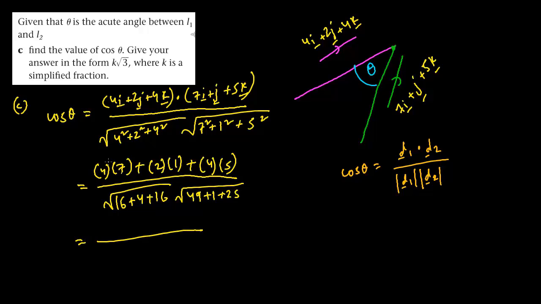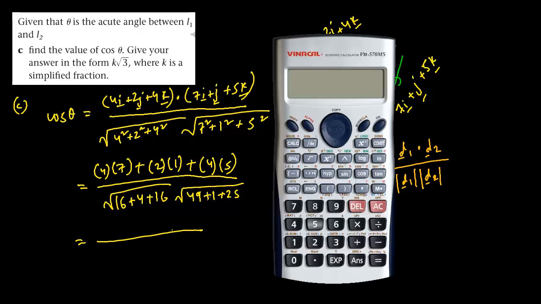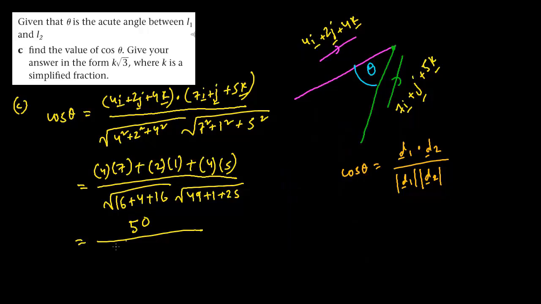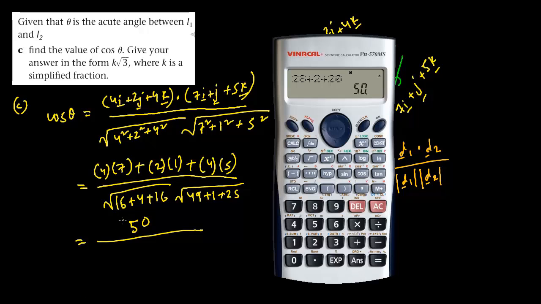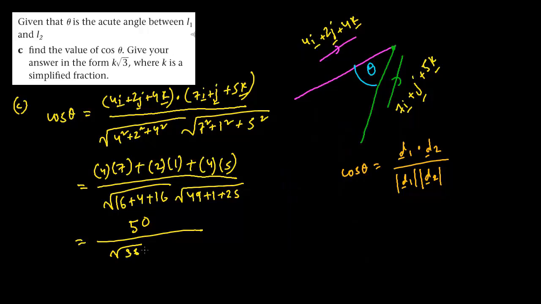So this turns out to be 4 sevens are 28 plus 2 ones are 2 plus 4 fives are 20, and this is 50. Now square root of 16 plus 4 is 20, 20 plus 16 is 36. So square root of 36. And then 49 plus 1 is 50, 50 plus 25 is 75.